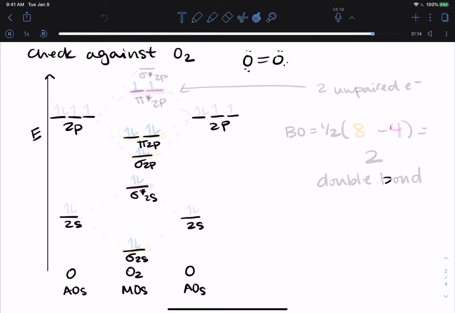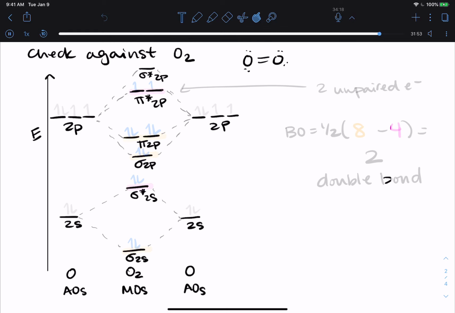One from the combo of the py's and the other from the combo of the pz's. And then my anti-bonding, oh, hi Muggsy. Muggsy wants to say hi. It's the pi star 2p and the sigma star 2p. Get my connecting lines. Connect these MOs from the p orbitals to my p atomic orbitals and the ones from my s to the ones from s. Okay.